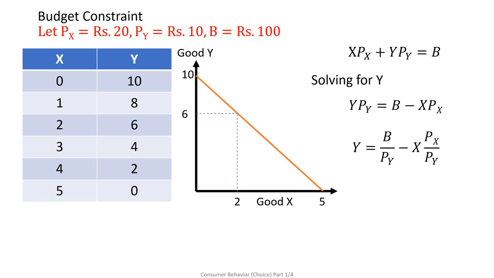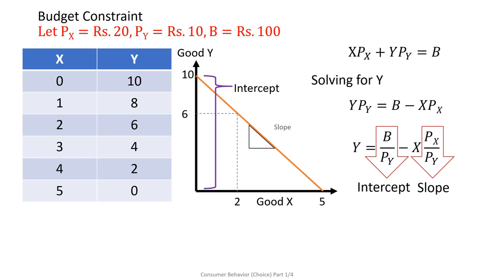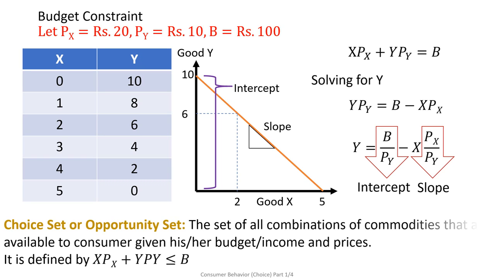To understand this curve, let's solve it for the y-axis variable, that is for good Y. This gives us the intercept and the slope. All the area under this curve represents those bundles of two goods that a consumer can afford given the prices of the commodities and the income of the consumer.